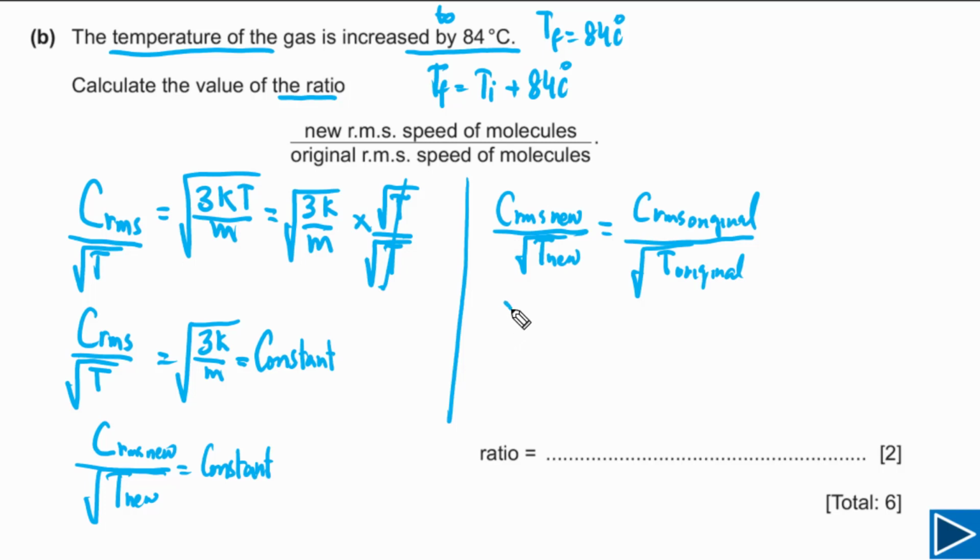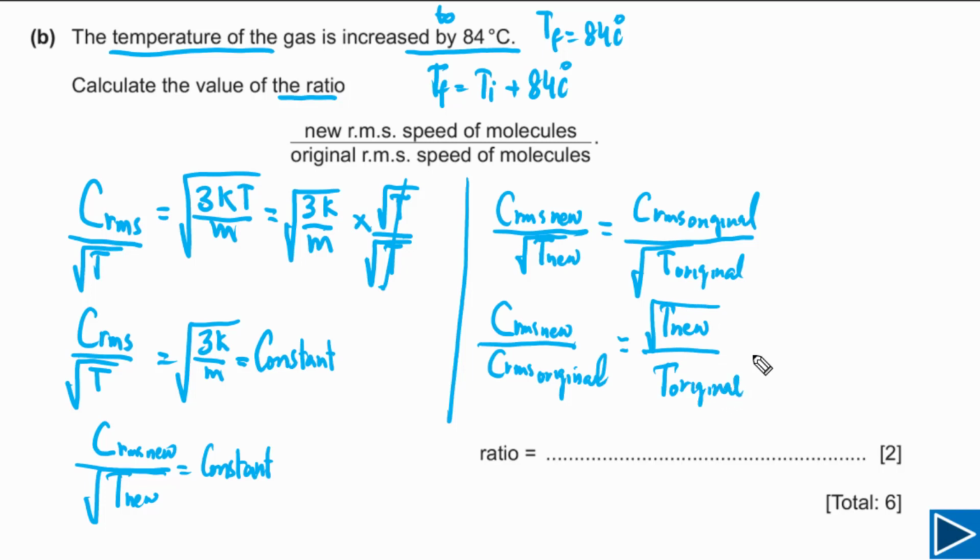If we rearrange this, we will get c RMS new divided by c RMS original equal to the root of T new divided by T original, cross multiplying. So this is the original, meaning initial, temperature. Now simply we have to divide these two and we can get our final answer.